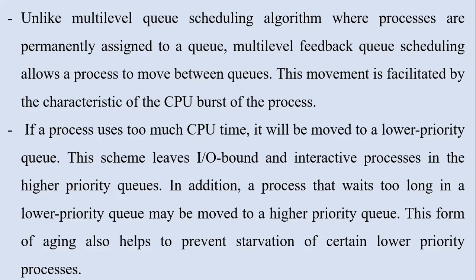This scheme leaves IO-bound and interactive processes in the higher priority queues. In addition, a process that waits too long in a lower priority queue may be moved to a higher priority queue. This form of aging also helps to prevent starvation of lower priority processes.